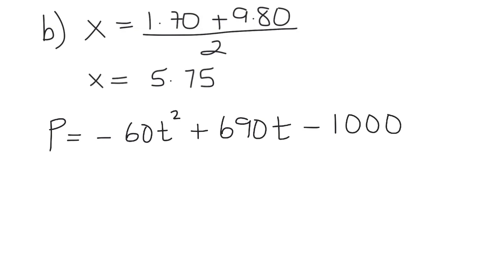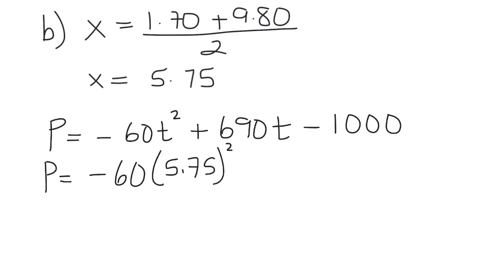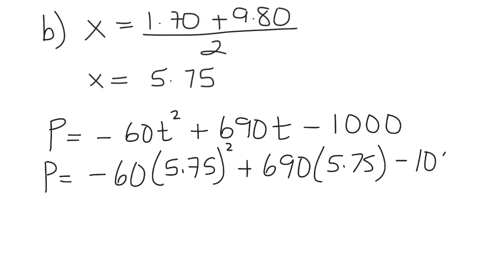I've recopied my original equation, and now anywhere I see the letter T, I'm going to plug in 5.75. Following the rules of BEDMAS, the first thing I should do is take 5.75 and square it.